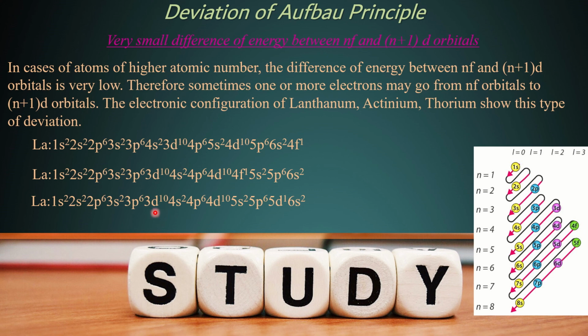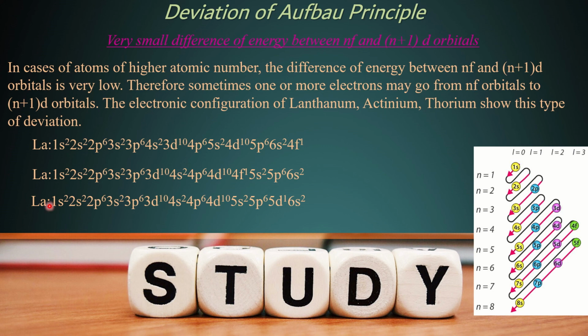Here one thing is important, students, that you will learn about in the next chapter: if the last electron of an atom goes to a d orbital, then this atom is called a d block element. If the last electron of an atom goes to an f orbital, then these atoms are called f block elements.